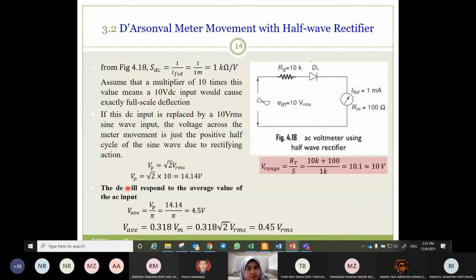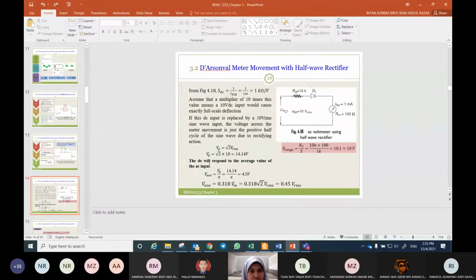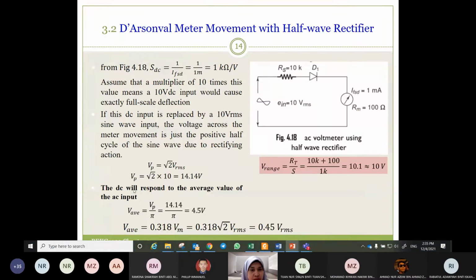The DC meter will respond to the average value of the AC input. Now this signal is AC, but our PMMC only responds to DC signal or average signal.